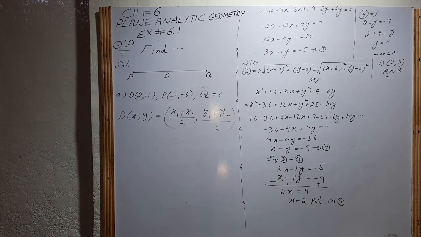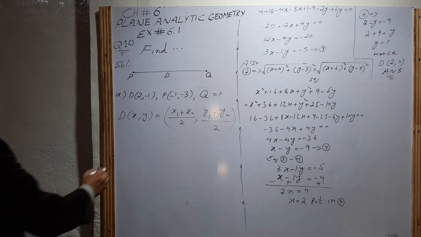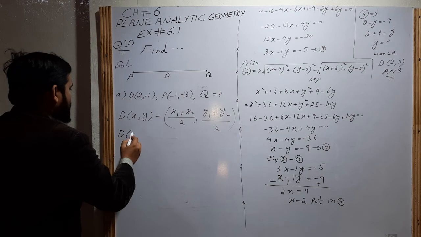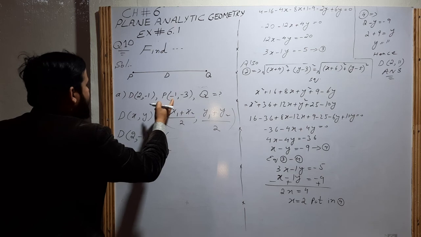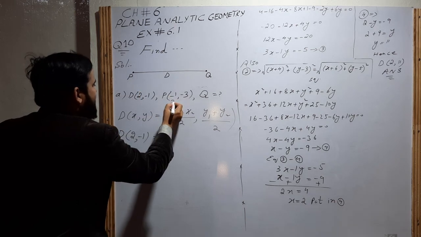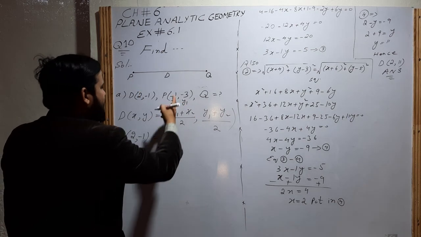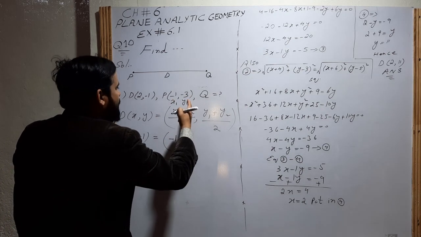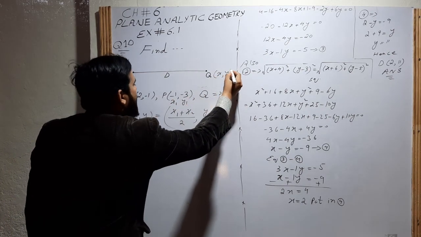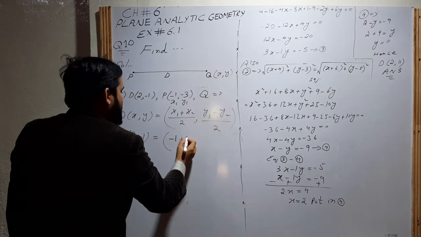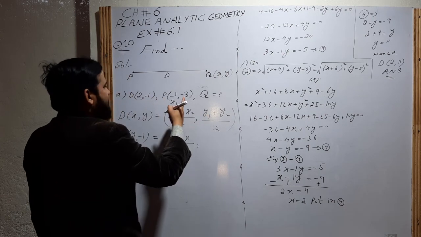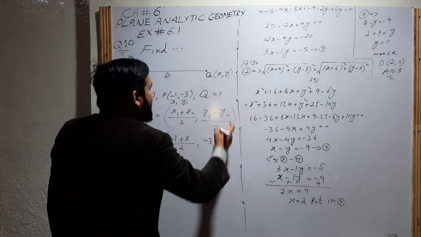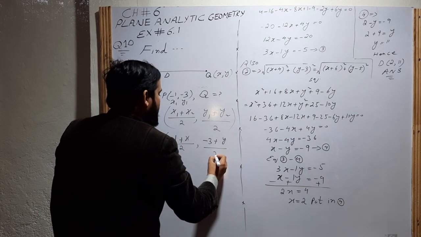This is the midpoint, and the midpoint is given, so D is 2 comma minus 1. In this case x1 is given, this is the P value, this is x1 and this is y1, so x1 in this case is minus 1. x2 in this case is x comma y, which we have to find, so x2 is x divided by 2, and y1 in this case is given, this is minus 3, and y2 in this case is y divided by 2.